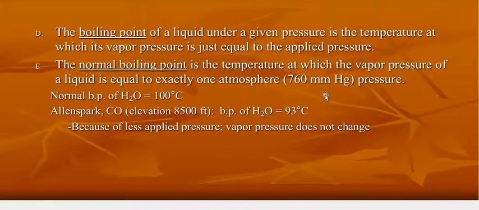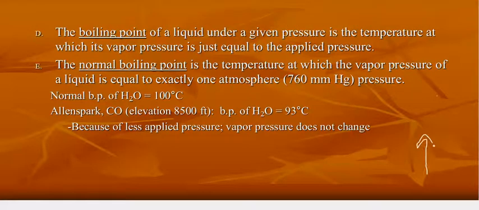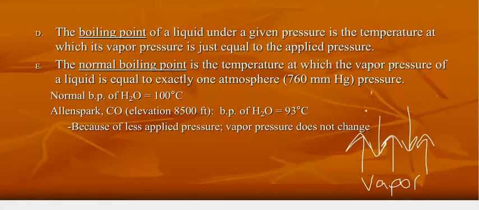The boiling point is the temperature at which the vapor pressure is equal to the applied pressure. So a substance will boil when the vapor pressure, pressure pushing upward, is equal to the applied pressure, or atmospheric pressure in most cases. The normal boiling point is the temperature at which the vapor pressure is 1 atmosphere.